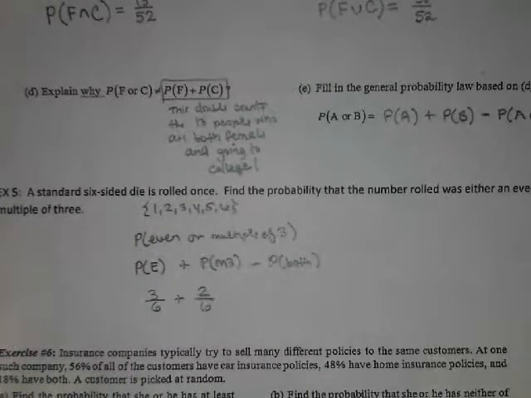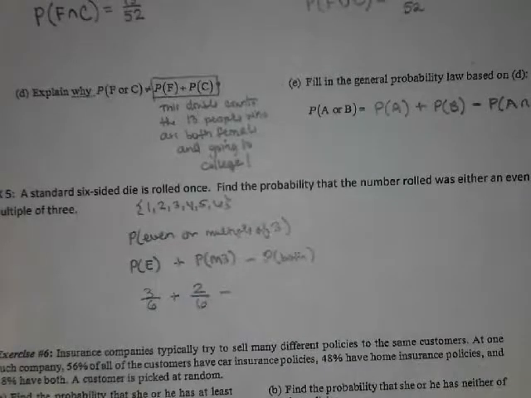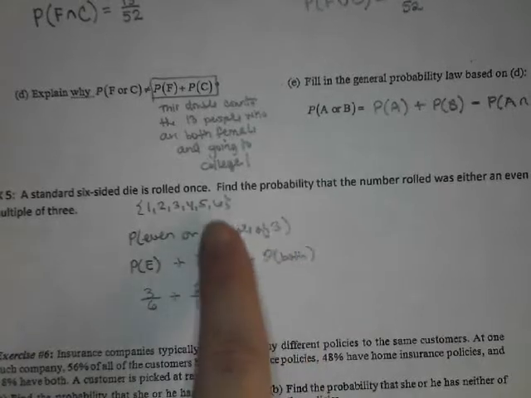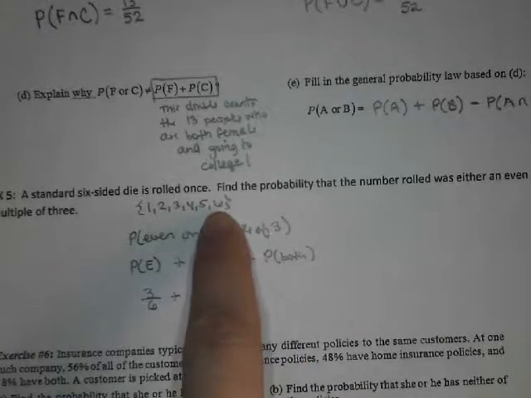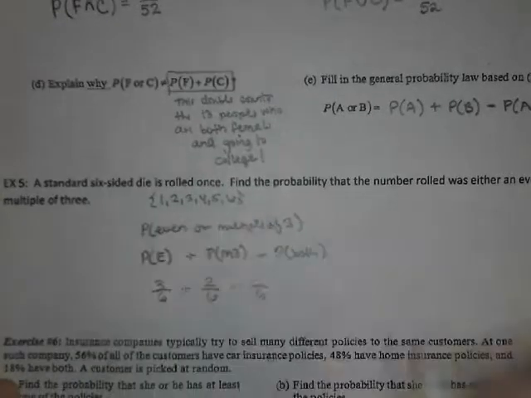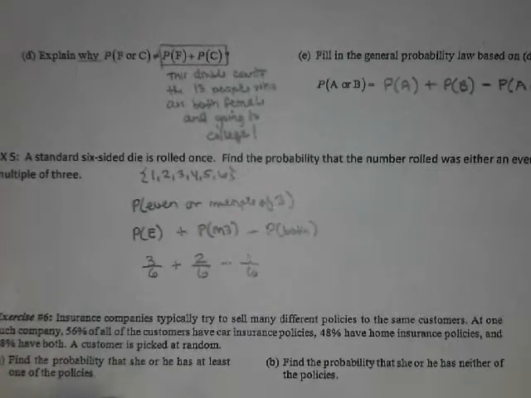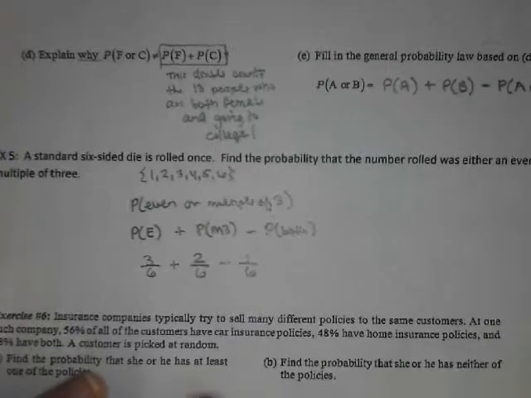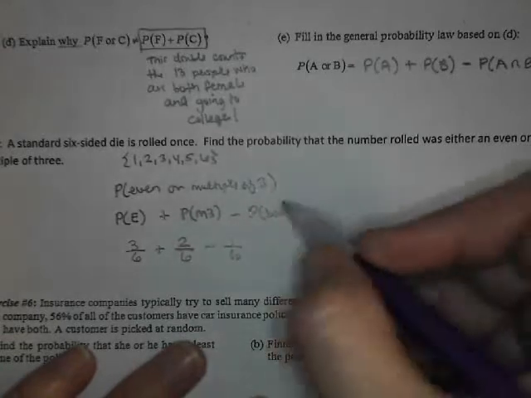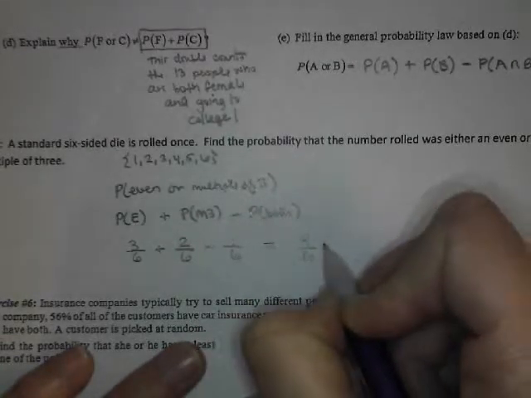And what numbers are both even and multiples of 3? There's only one number that is both of those things, and that is the number 6. So we have to subtract 1 out of 6 that was double counted. See what I mean? Now they all already have a common denominator, so we can just do 3 plus 2 is 5, minus 1 is 4. So your answer is 4/6, and then reduce to 2/3.